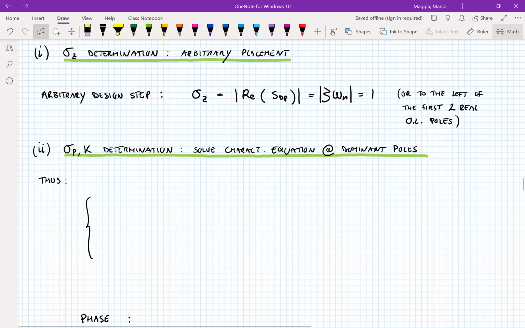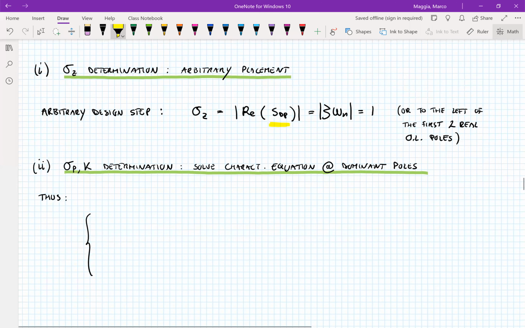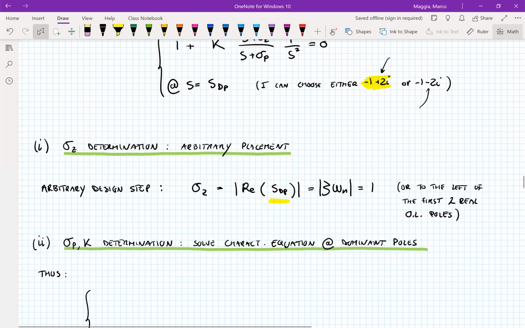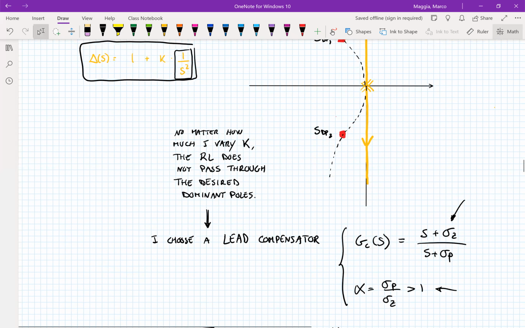So first step, very easy, arbitrary. Once we know the location of the dominant poles, we're gonna use the real part to determine the location of the zero of the compensator.